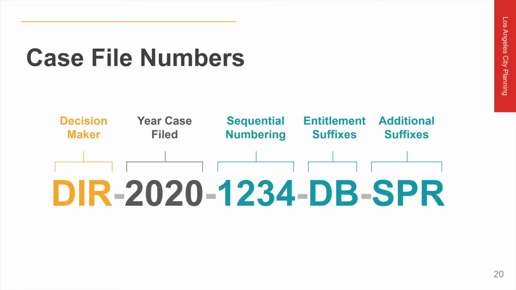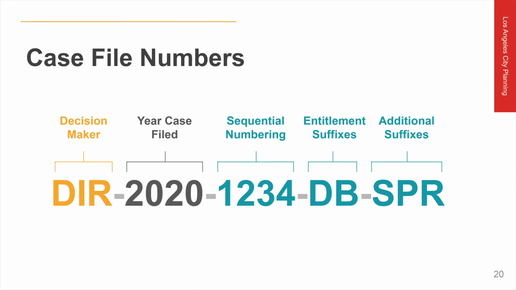Case file numbers. From PDIS to ZIMAS, which we will go over later on, case file numbers are an incredibly helpful way to track, monitor, and pull relevant information on the planning project that's been proposed in the city. When filed, every case receives a unique identifier that provides useful information about the project.